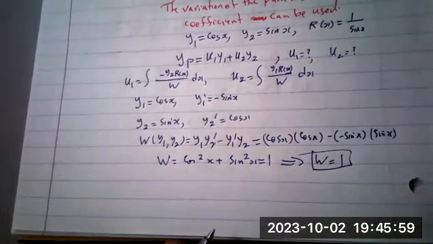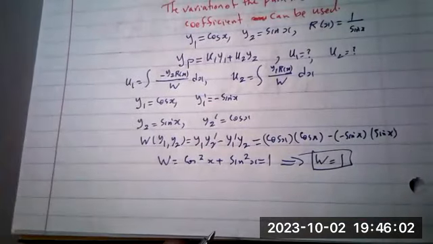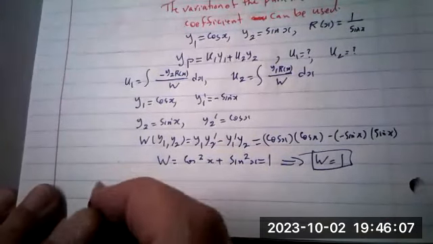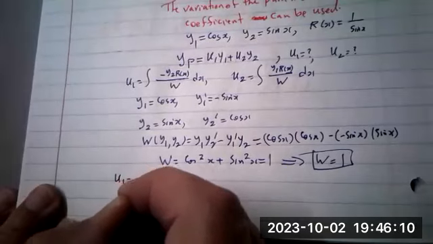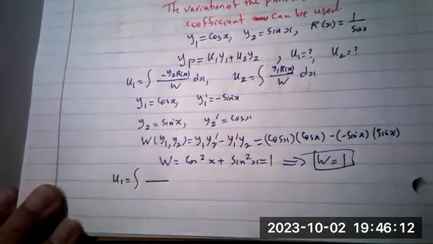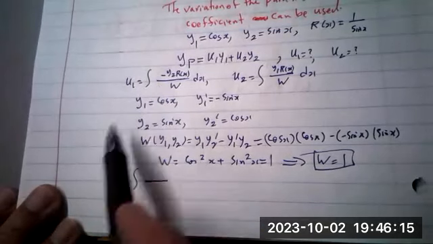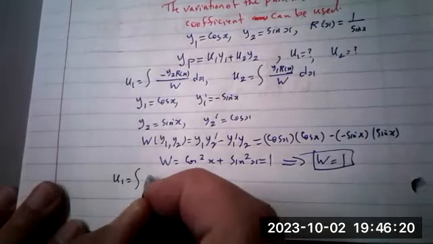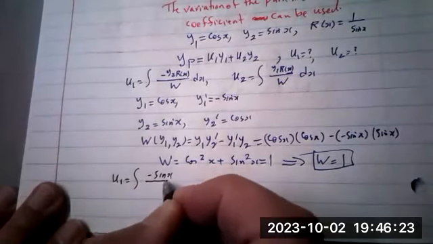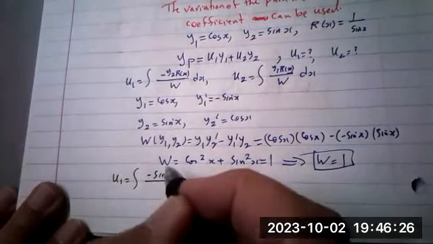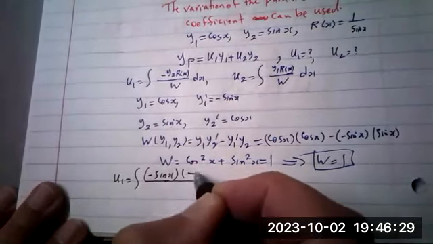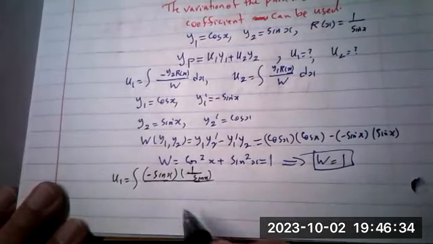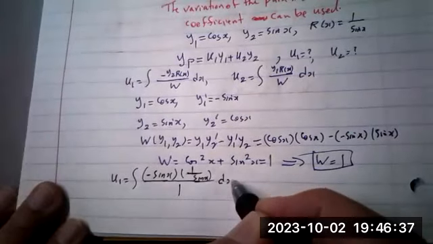Go for u1. This is your formula; substitute and simplify. u1 is the integral of negative y2 times r of x over the Wronskian dx. y2 is sine x, so that gives negative sine x times r of x, which is 1 over sine x, over the Wronskian 1, dx.